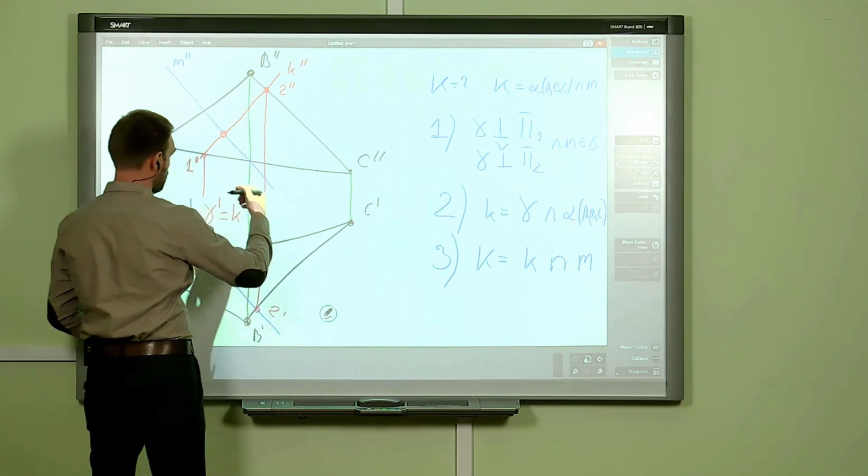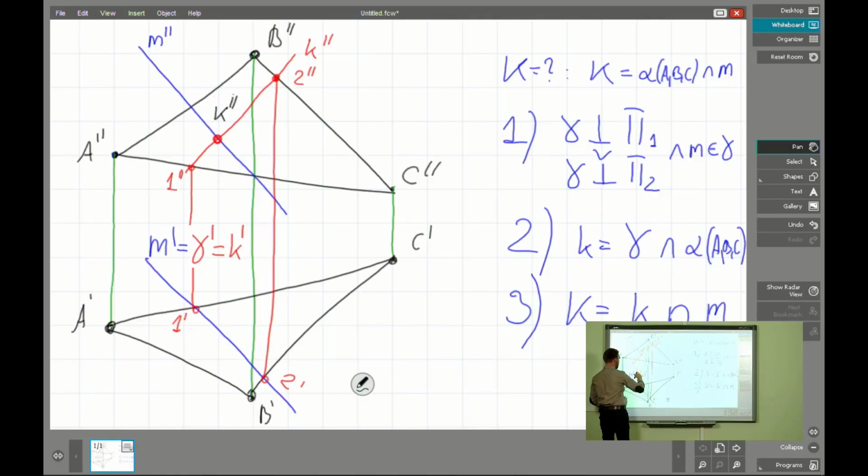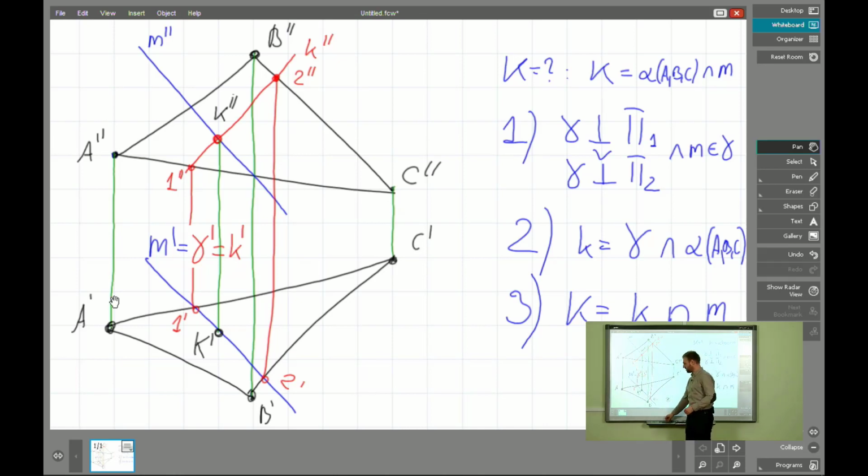Because it's a solution, I will denote that as K double prime, and next I will lift down the projection of the point K, and on K prime or M prime we can find K prime, the plane projection of our piercing point.